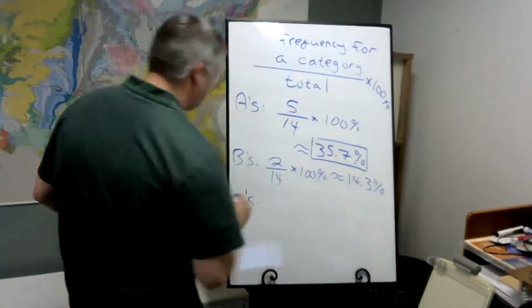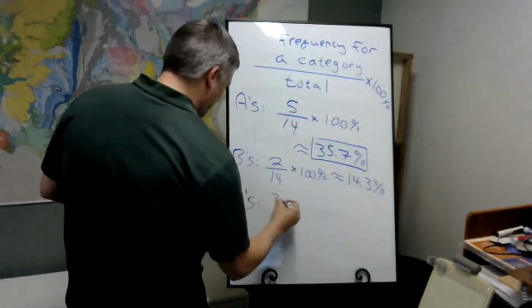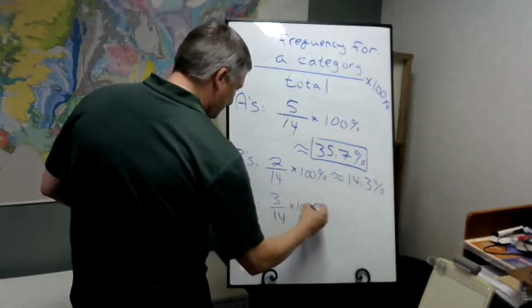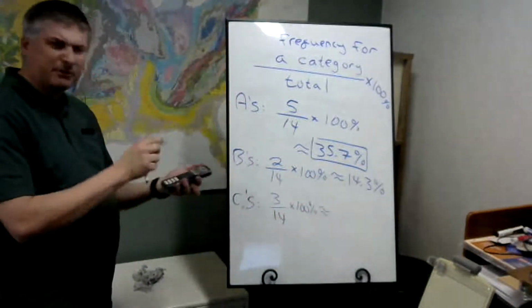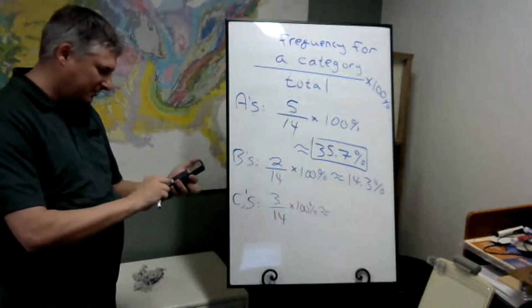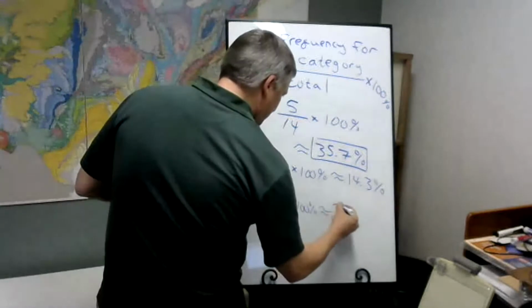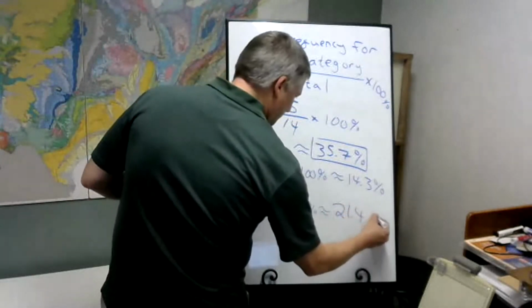C's. So for C's, we had 3 C's out of 14 grades. And again, I'm going to round to the tenths here. So that comes out to about 21.4%.